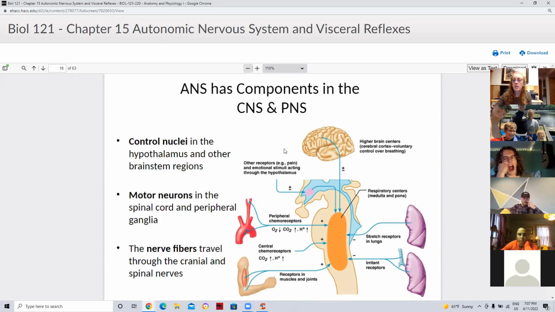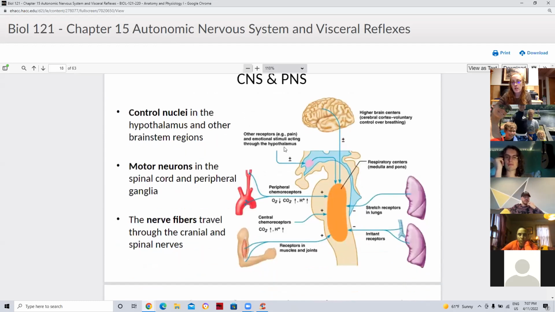So the autonomic nervous system has components in both the central nervous system and the peripheral nervous system. Control nuclei are found in, remember, what are nuclei? When we talk about the central nervous system, what are we talking about? We're talking about clusters of cell bodies of neurons.